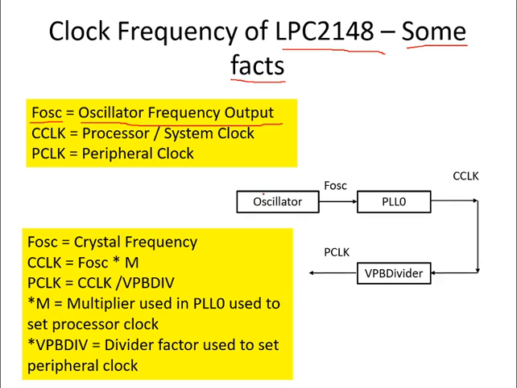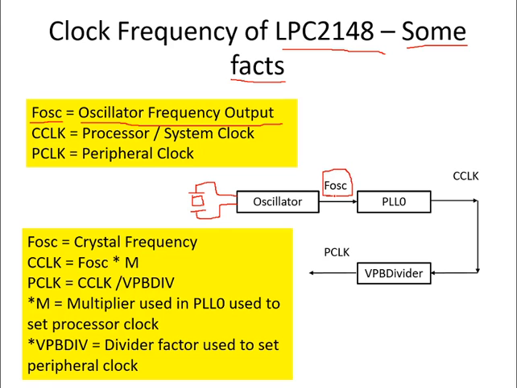LPC 2148 has an internal oscillator. Here you can connect one crystal, and that crystal will generate a clock signal. Using this crystal, the oscillator generates the frequency, which is always called F oscillator.